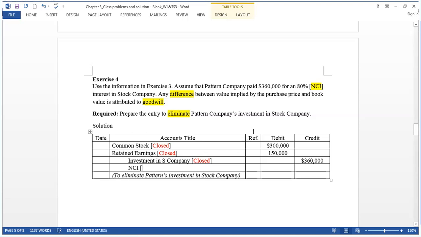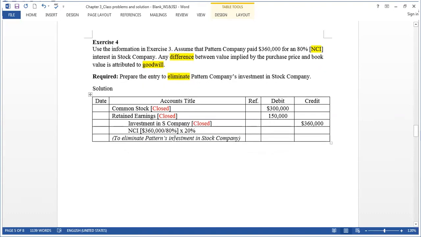Anyway, we have to calculate the implied value first.